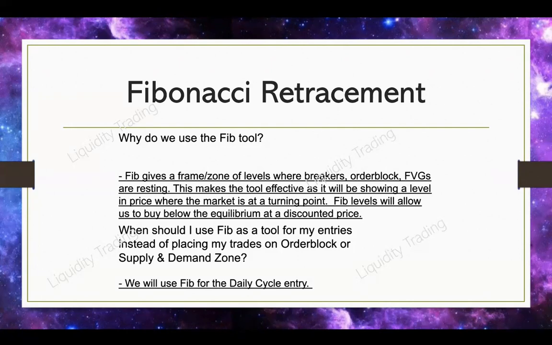We will need additional confirmations such as breakers, order blocks, and fair value gaps. Obviously, there are many more confirmations for a Fib level than breakers and order blocks. However, I just want to put into context how the market can be aligning with other tools and techniques with Fib levels.